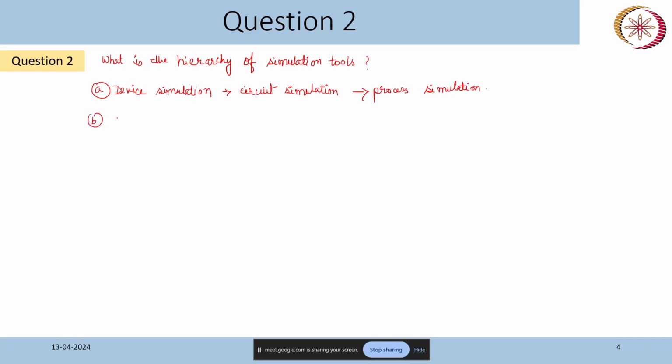Next option B is, first circuit simulation, next is device simulation, last is process simulation.